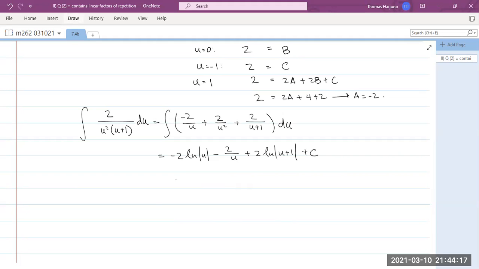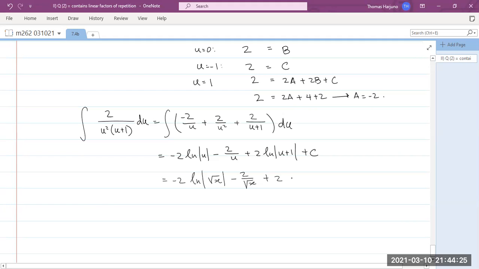So this is -2 natural log of square root of x minus 2 over square root of x plus 2 natural log of absolute value of square root of x plus 1 plus constant. But this one here, I can bring the -2 to the exponent. So this is natural log of absolute value of x.